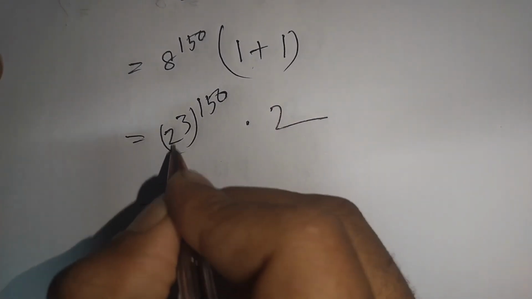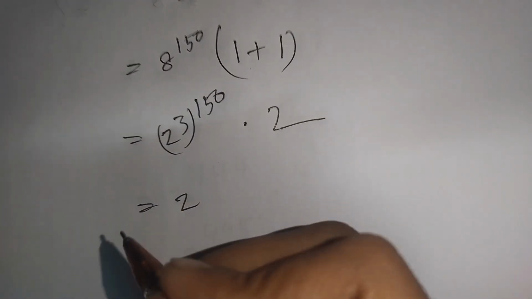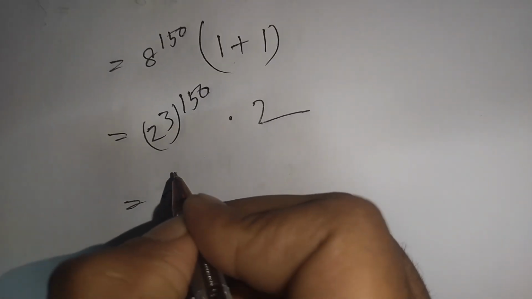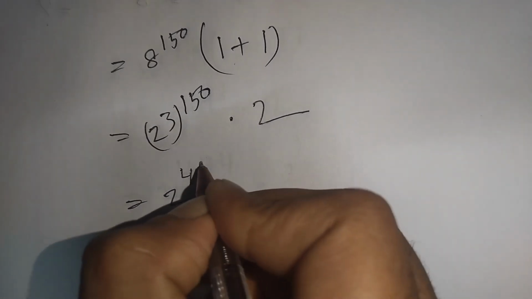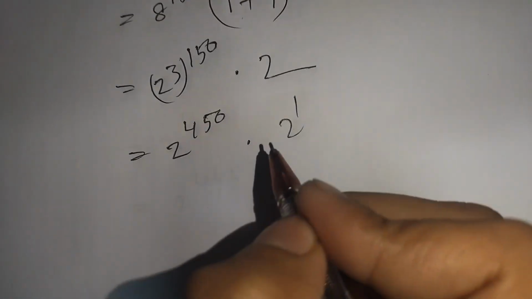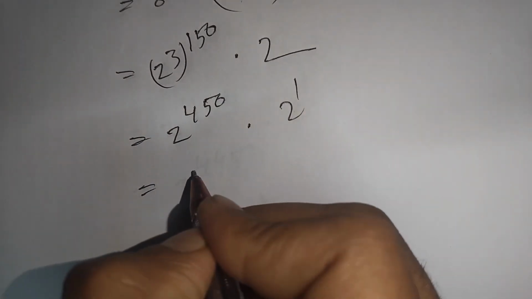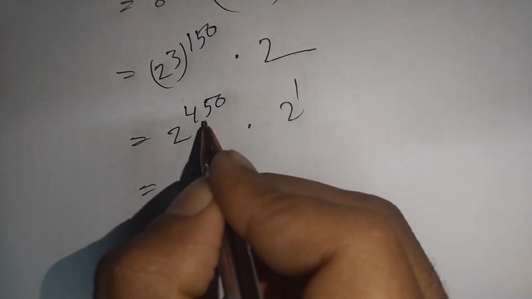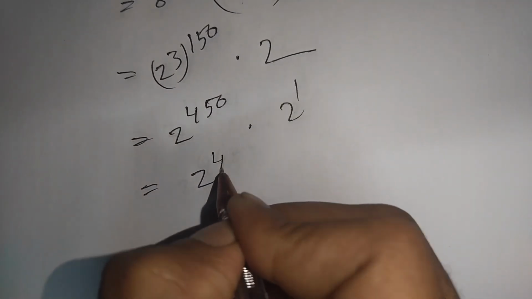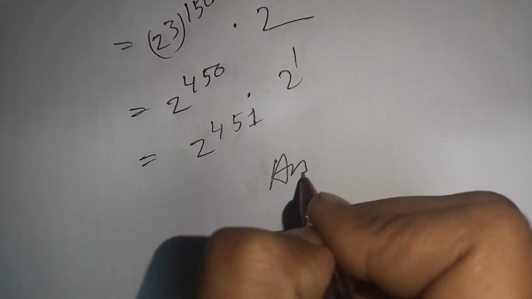Then 2 is same as 2 to the power 1. So now we see that 2 has the same base but different powers, so you can write it as 2 to the power 450 plus 1, that means 451. So 2 to the power 451 is the correct answer.